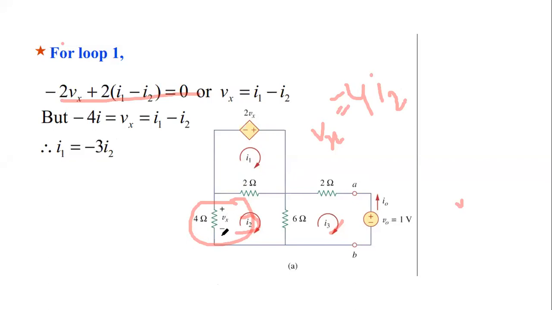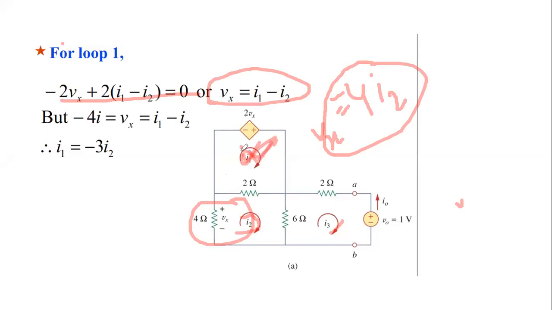Direction of I2 is negative to positive in the 4 ohm resistor, so the voltage across it will be taken as minus 4I2. Now this Vx we can put in the equation we wrote earlier for the first mesh. If you put Vx as minus 4I2, you get the final equation for mesh 1.